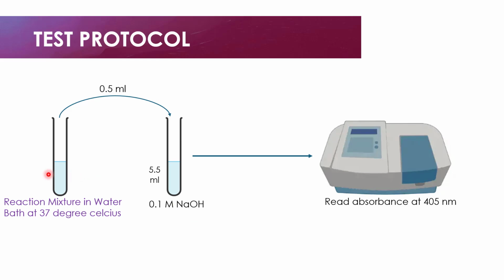Also at 15 minutes, we do the same by picking 0.5 ml of the reaction mixture in the water bath and adding it to a different test tube containing 5.5 ml of 0.1 molar sodium hydroxide to stop the reaction. And at 30 minutes, we repeat the same thing.